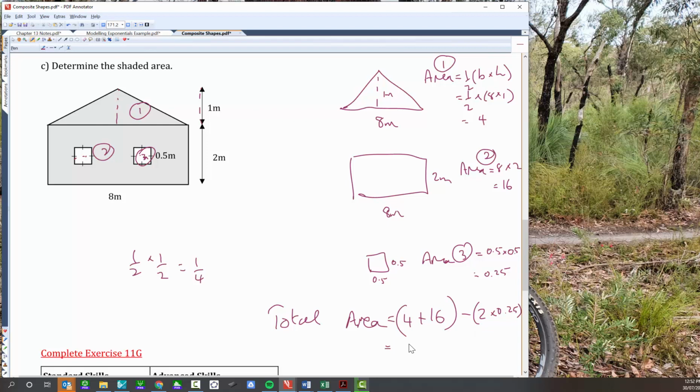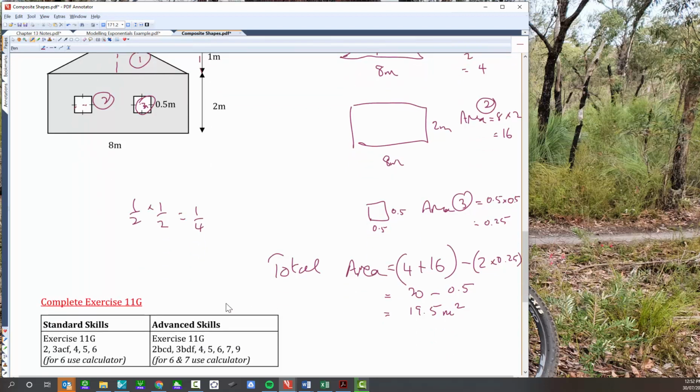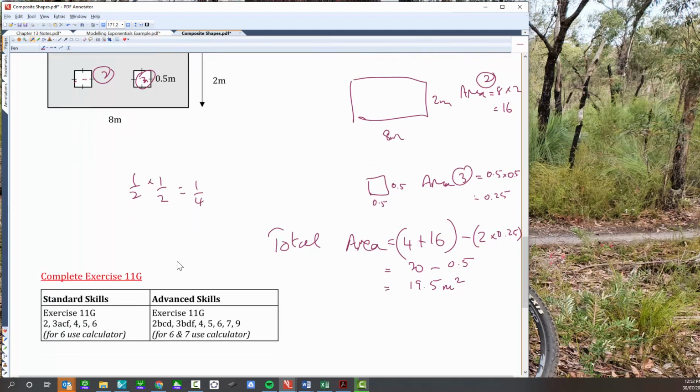All right, 4 plus 16 is equal to 20. Take away 2 lots of a quarter, or 2 lots of 0.25, is 0.5. So that's take away 0.5. And 20 take away 0.5 is 19.5 meters squared. Right, so there are the required questions from you today.